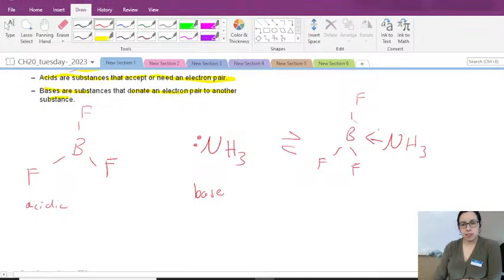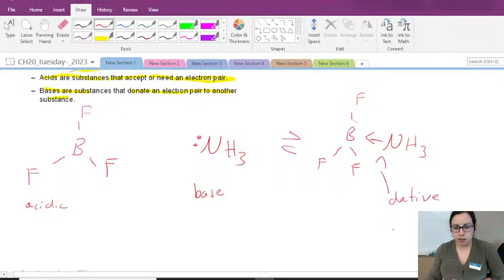And so it would make a bond like this. I drew it with an arrow only to show that nitrogen is donating all the electrons. If I just drew a normal line, that would suggest a normal bond, where each one is contributing 1 electron. But in this case, this is called a dative bond, where nitrogen donates both electrons.